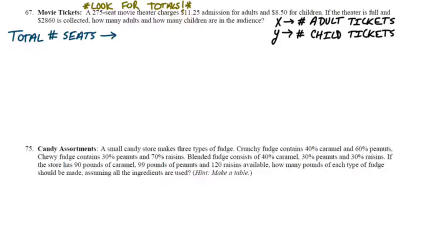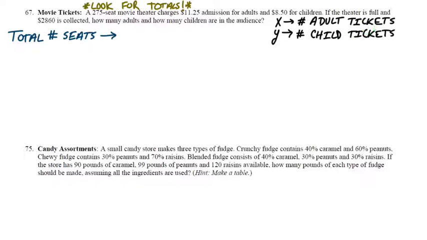If x represents the number of adult seats and y represents the number of children's seats, and the theater was full that night, then couldn't we just add up all the adult tickets and all the children tickets to get full capacity?